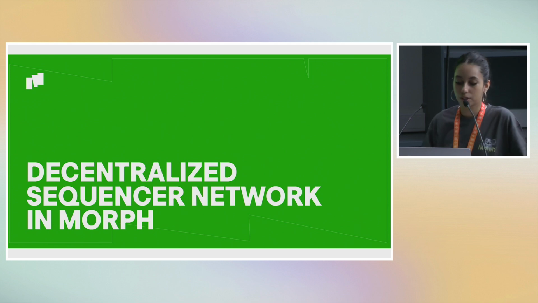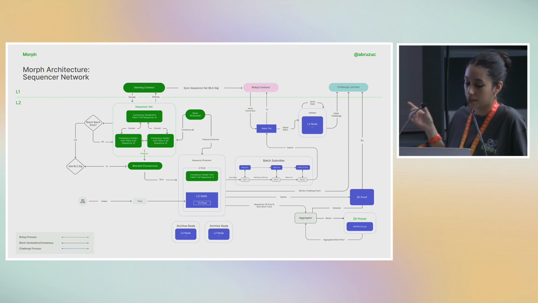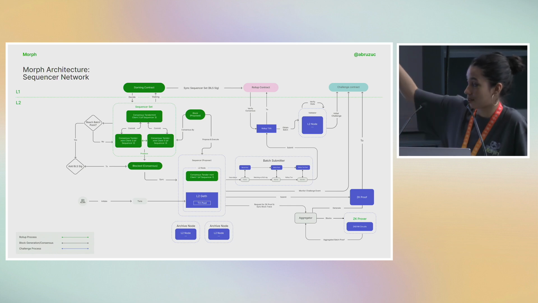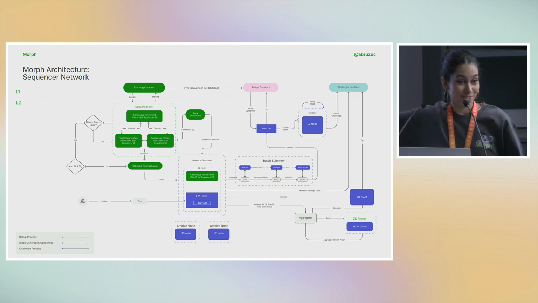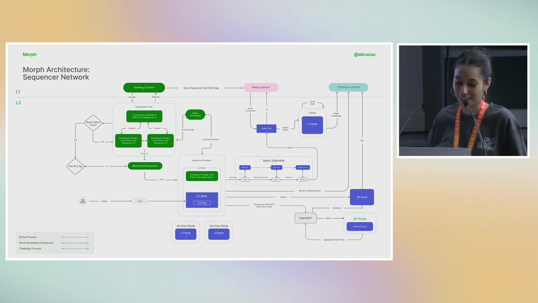Think of a block like a page in a ledger book for digital transactions, right? To join this group, participants need to put down some ETH as a kind of promise. So this is the whole diagram.